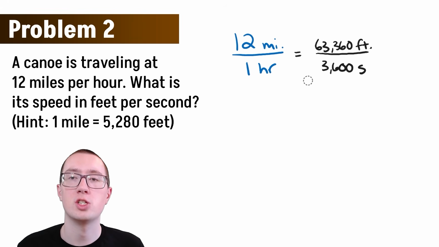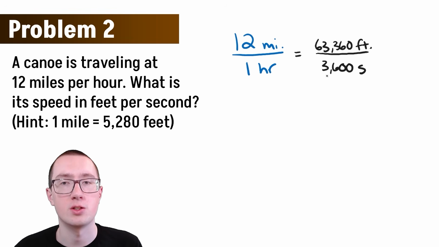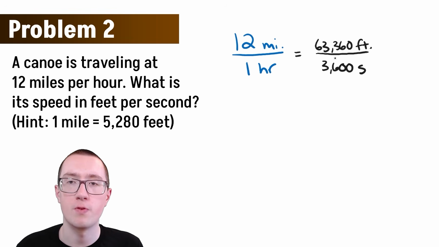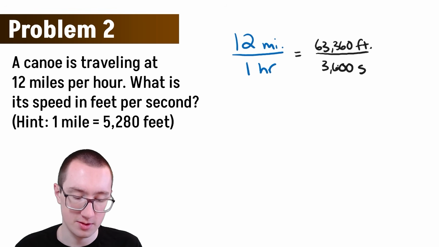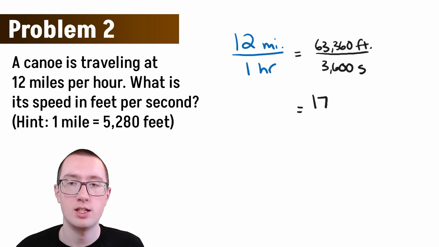But remember that the question is asking for feet per second, like every 1 second. So how do we simplify this down? Well, remember that fractions are just the same thing as division. So we can just divide 63,360 by 3,600. And that should give us 17.6 feet for every 1 second.